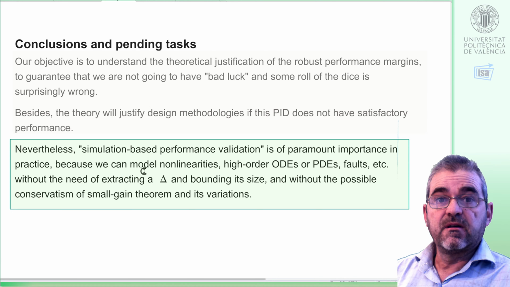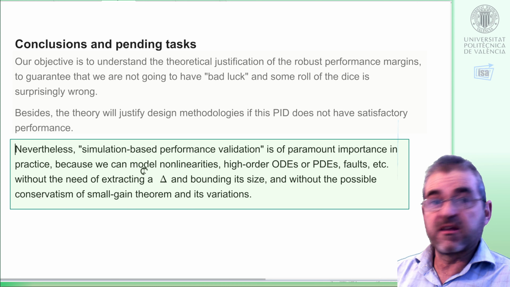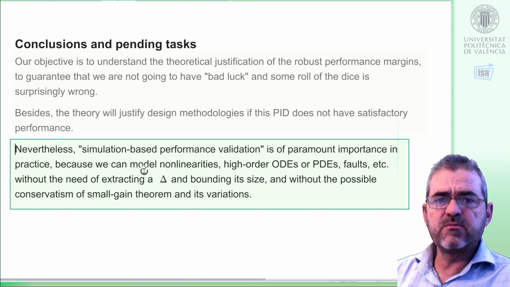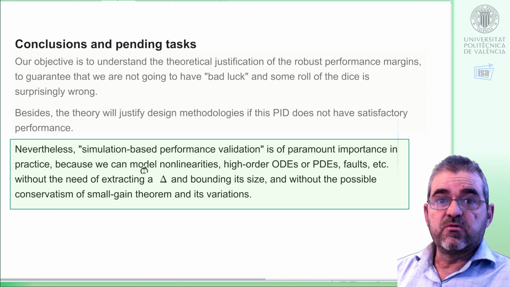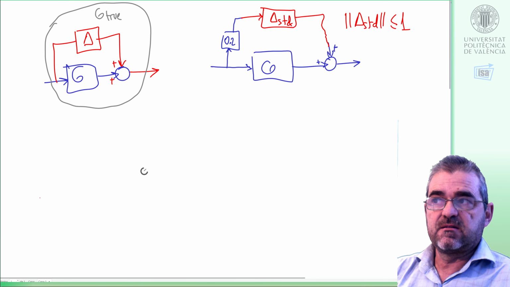But on the other hand, it's important to stress that simulation-based performance validation is of paramount importance in practice, because we usually have complex models of a petrochemical plant with lots of nonlinearities, high order simulations, even finite element approximations of partial differential equations, fluid dynamics, etc. And so extracting out that complexity into just a delta like this and bounding its size is a difficult exercise.